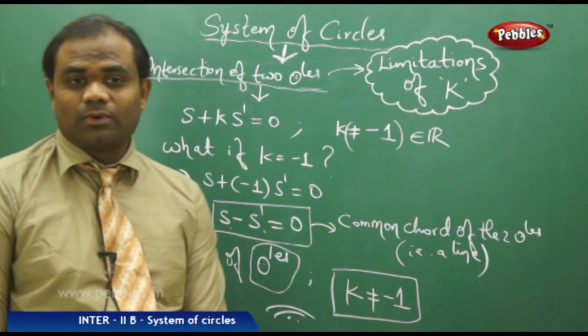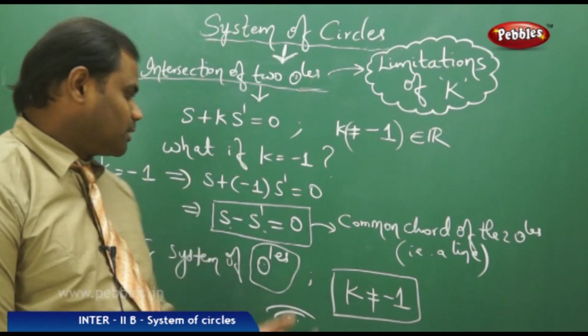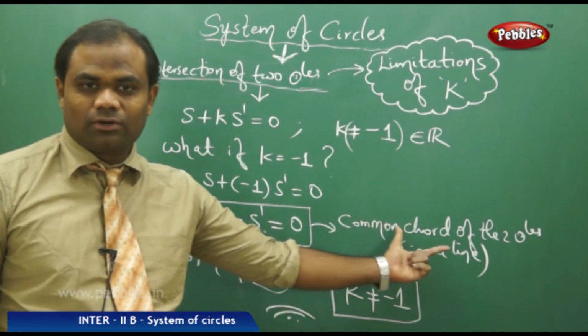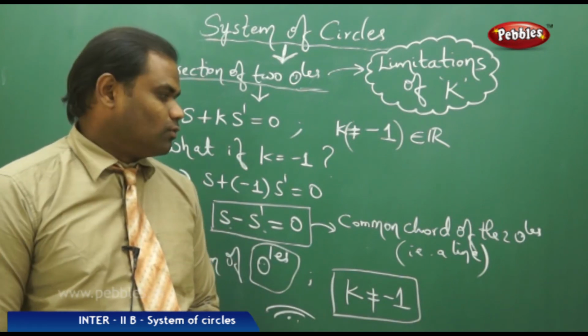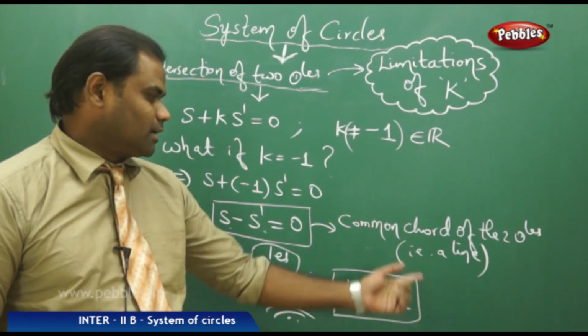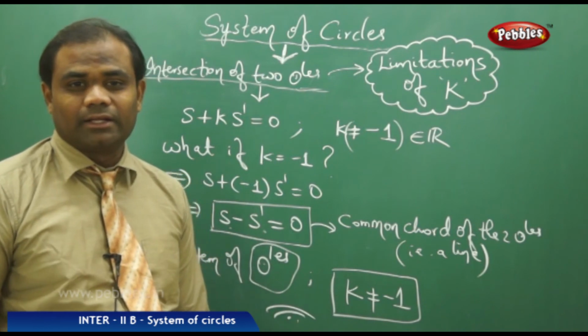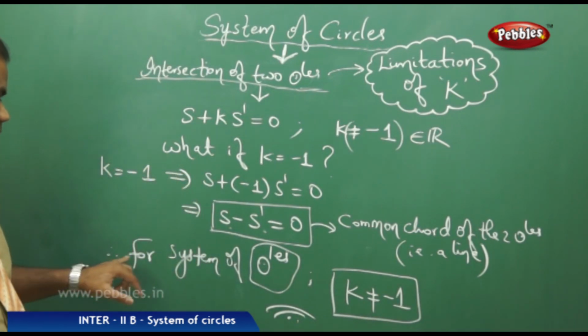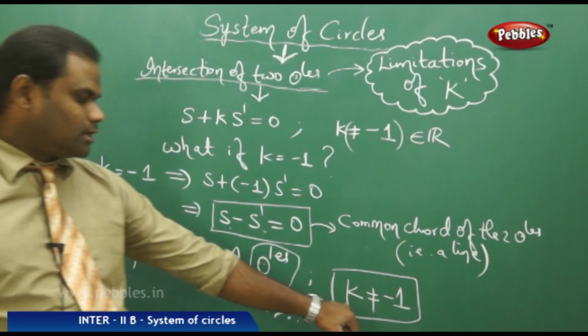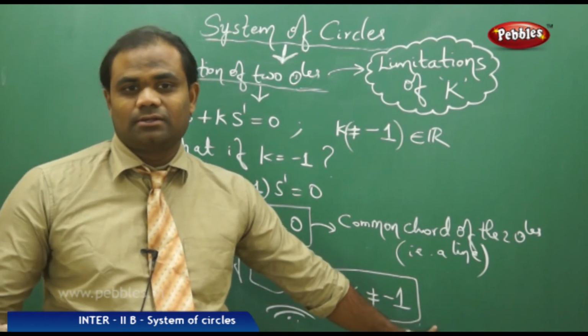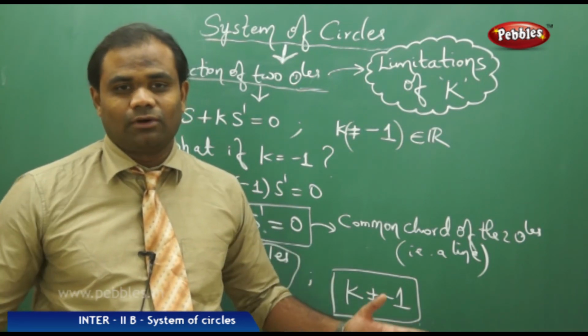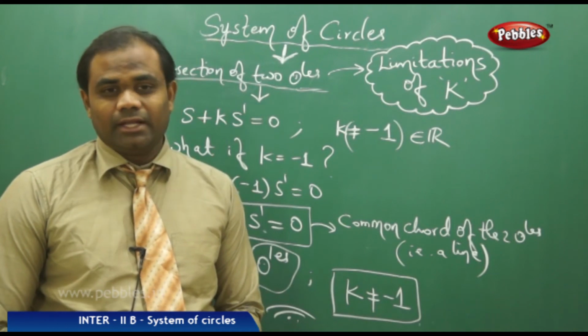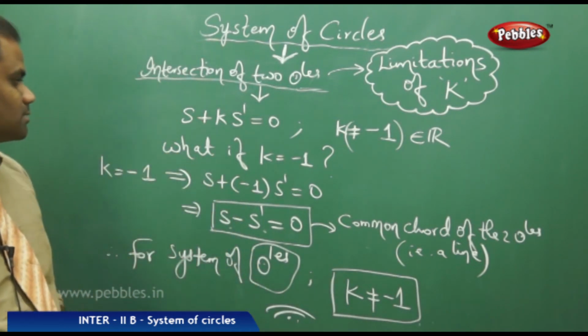K equal to minus 1 implies the system reduces to the common chord or the common tangent for the two circles, and hence it reduces to a straight line, which is a contradiction. Therefore, for a system of circles, k is any real number except minus 1.